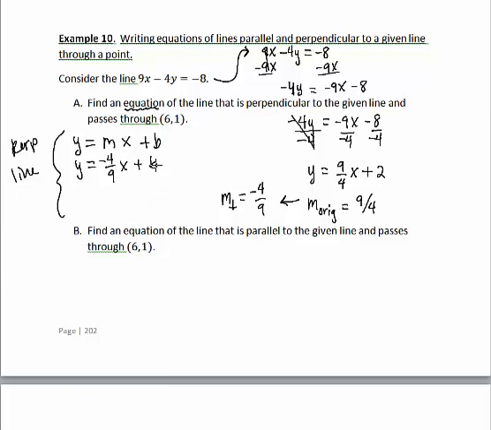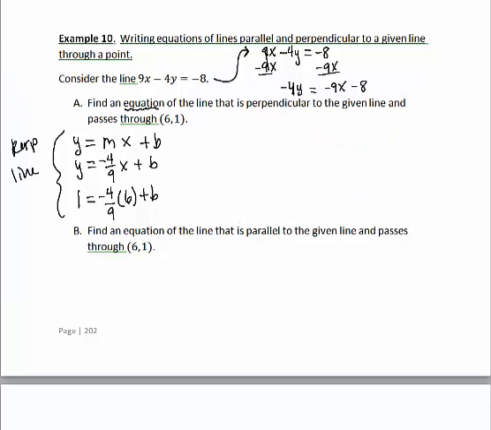But what we can do with these coordinates is replace the y variable in our equation and the x with the 6. And now we have an equation with the b as our only variable. So what we do at this point is we solve for b.